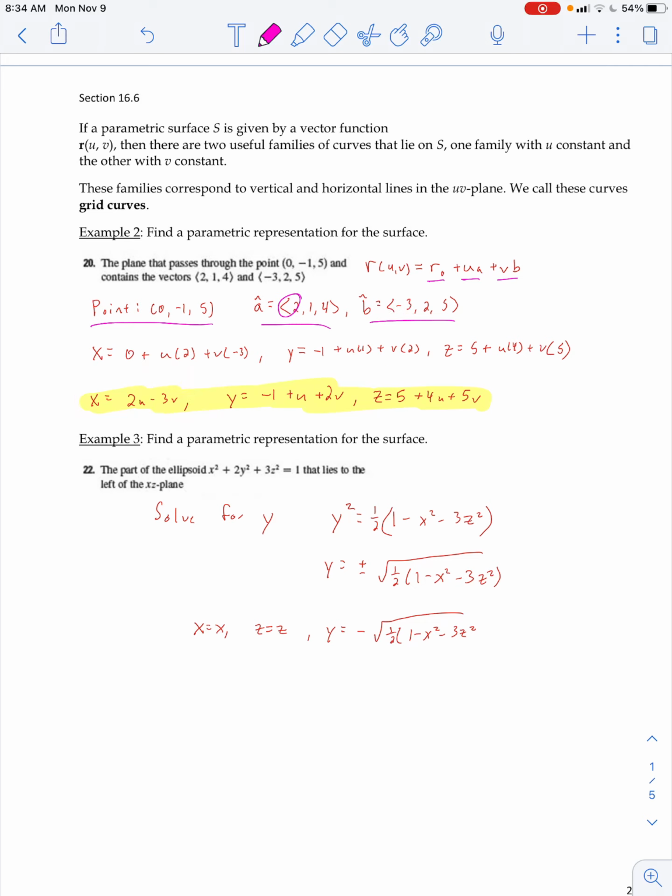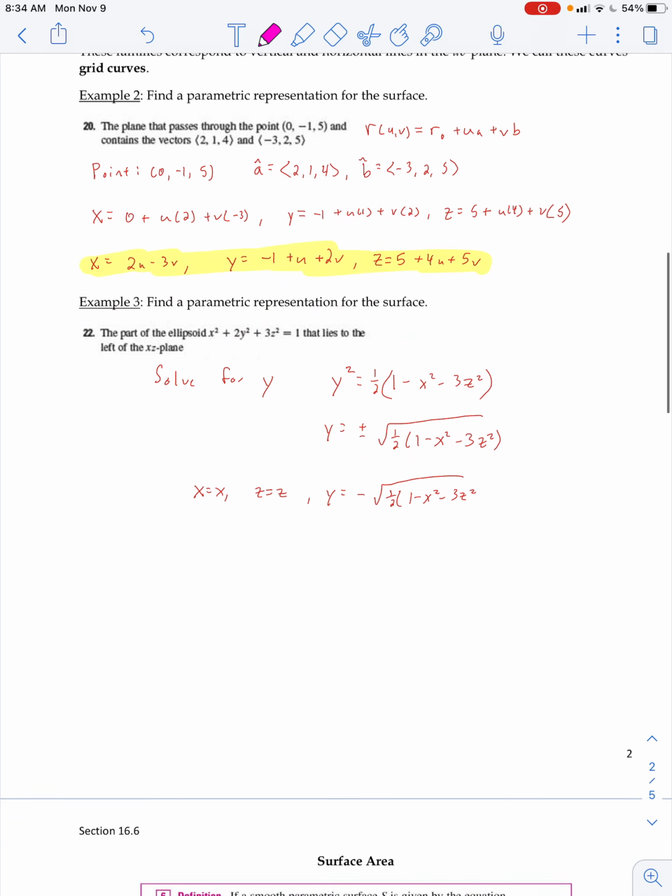Then we do the same thing with y and z: y is equal to -1 plus u times 1 plus v times 2, and z is equal to 5 plus u times 4 plus v times 5. And then we have our plane reparameterized in terms of u and v for x, y, and z.